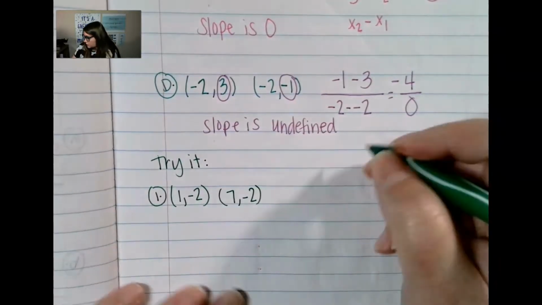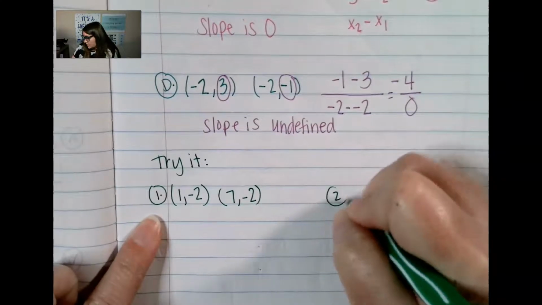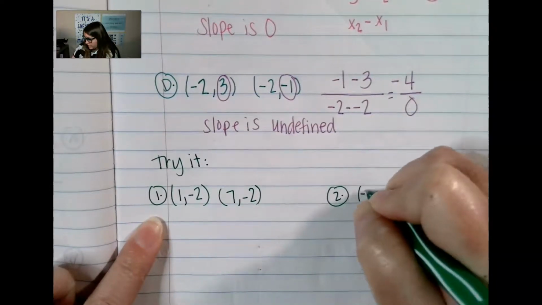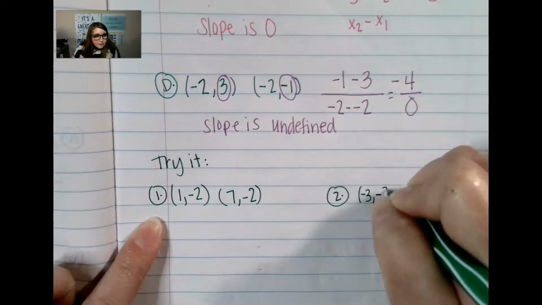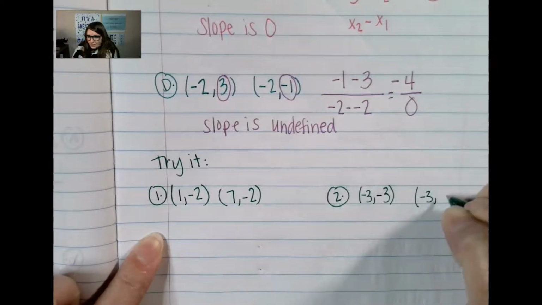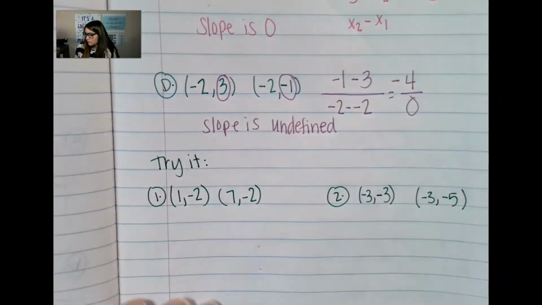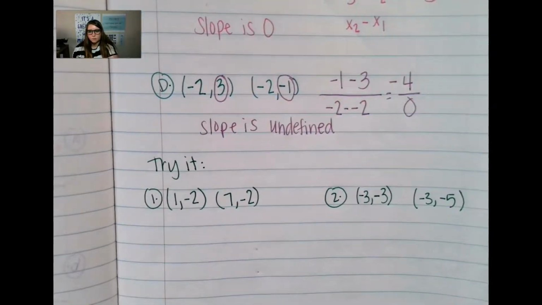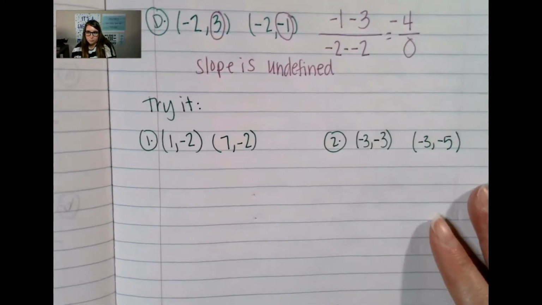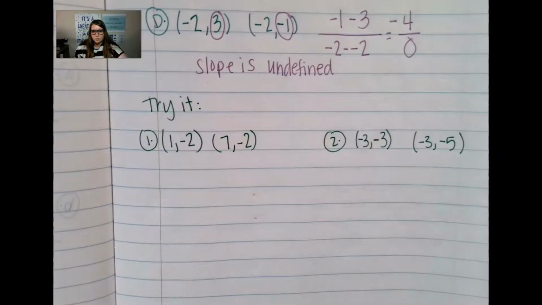Okay, so that's the first set of coordinates. The second set of coordinates that I have are -3, -3, and then -3, -5. All right, so your job is to go ahead and graph and solve, or just solve. I will probably do one of each for you, or maybe I'll just do both. That's fine. I think I'll do both.